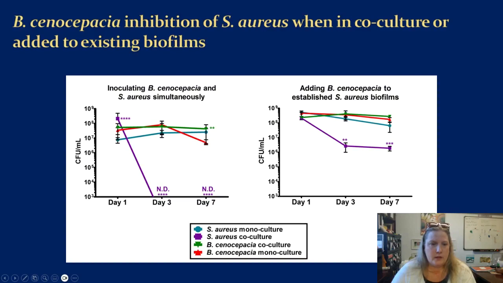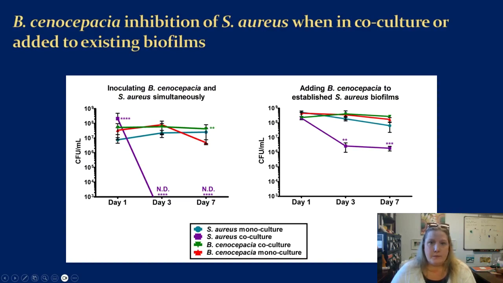So it's doing fine on its own. When you actually take Burkholderia cenocepacia and mix it with staph and you count the Burkholderia that remain, once again, it does great. It's the green bars or the green lines here on the graph.